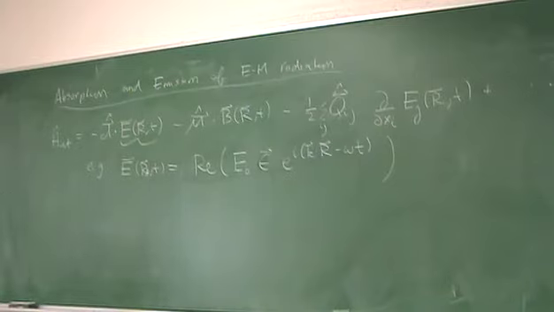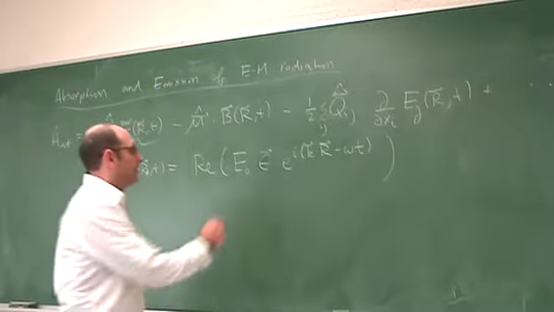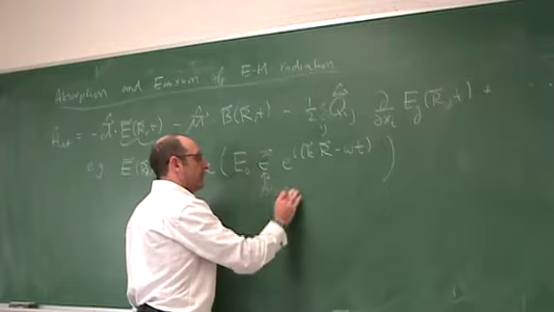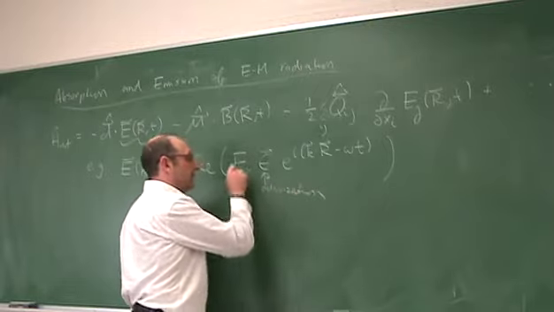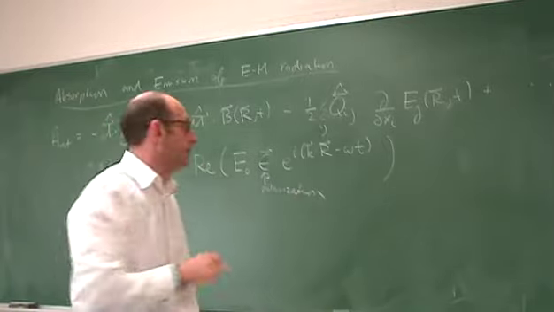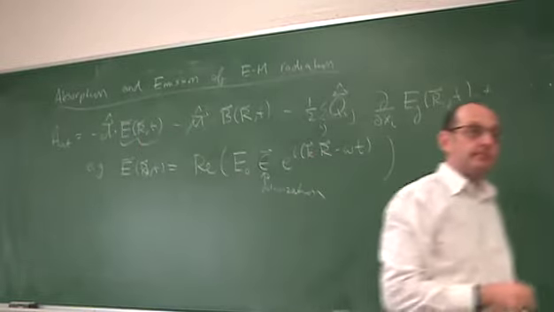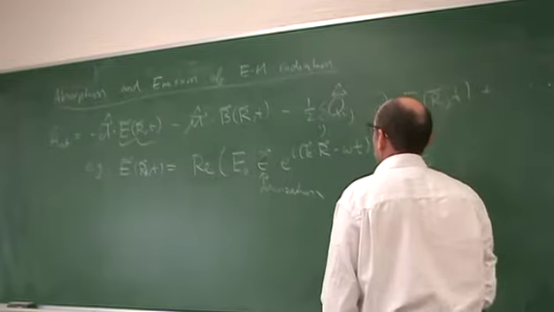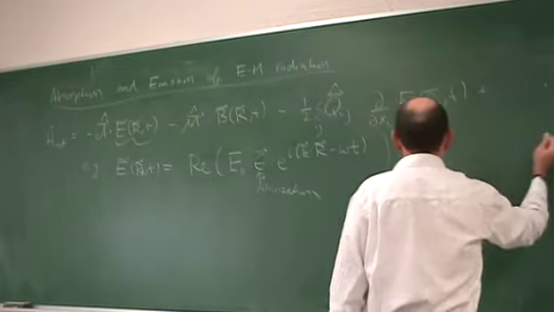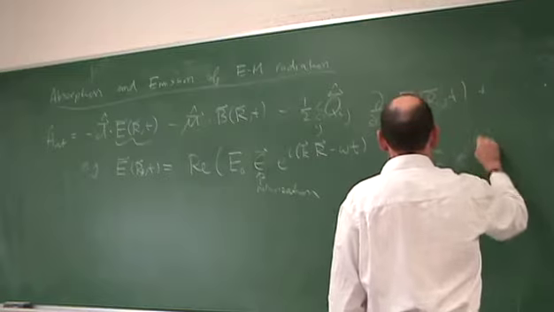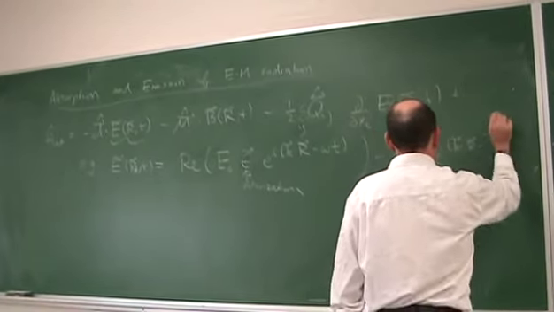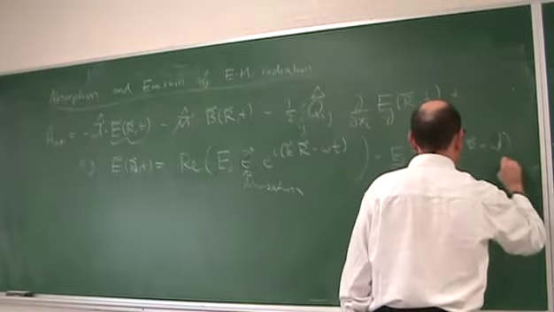That's our electromagnetic wave, our radiation. This is the polarization. Let's say it's a polarized wave. This is the amplitude. This is the wave vector, this is the frequency. All right, so this is V0 over 2, plus the complex conjugate.